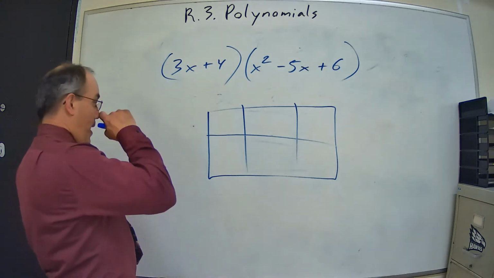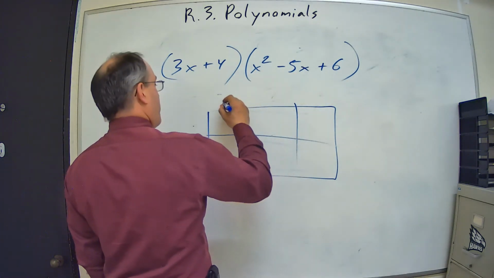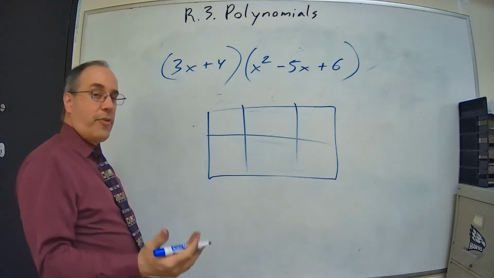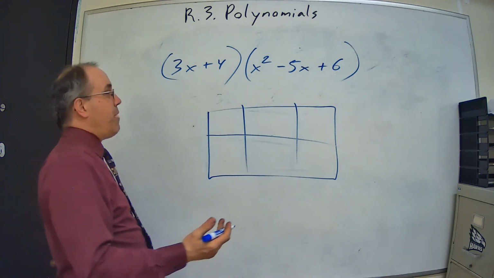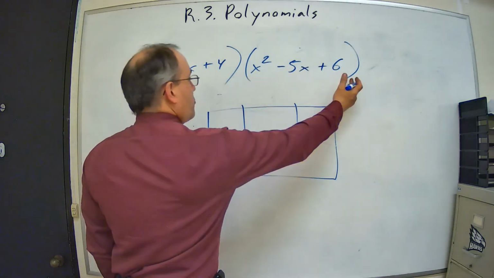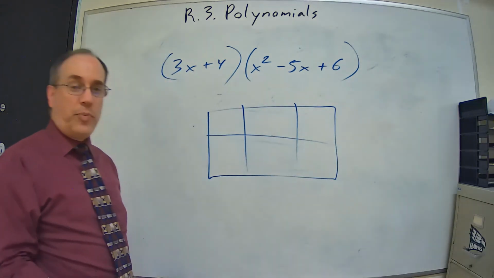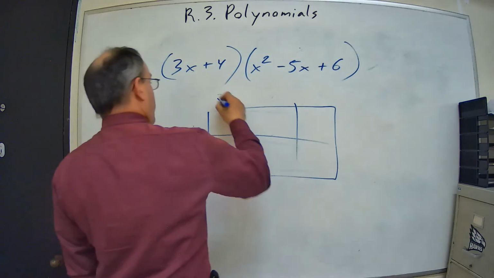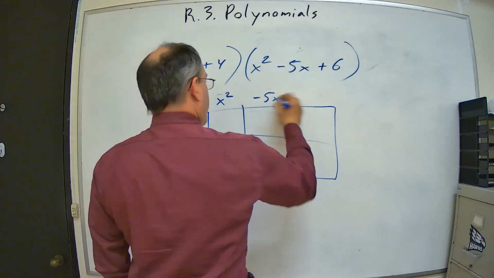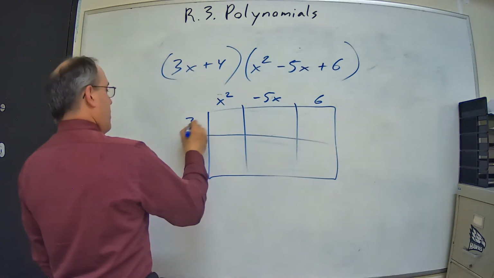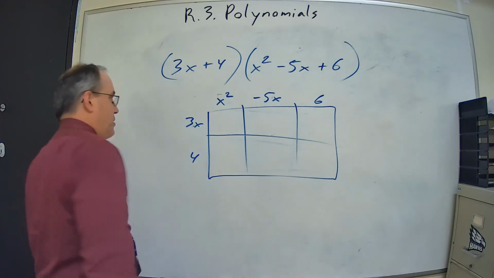So I've got my trinomial up here. Remember, the commutative property of multiplication says it doesn't matter whether I have this multiplied by that or that multiplied by this. Which order you multiply, it doesn't matter. So I've got x squared, negative 5x, 6, 3x, positive 4.